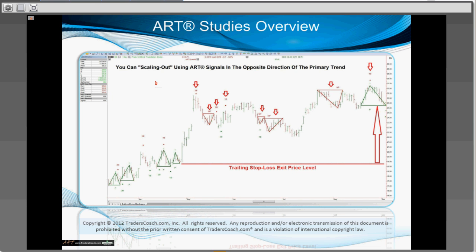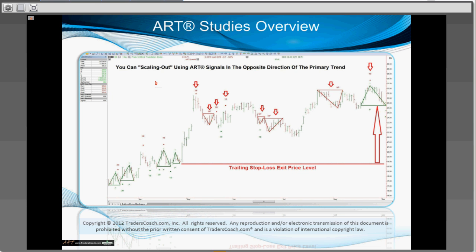The MP stands for minor pyramids and represents only a correction in the dominant trend up. So anytime you get an MP or a 1B or 2B that's red in color against a bullish green trend, these are all areas that are possible scaling out areas.